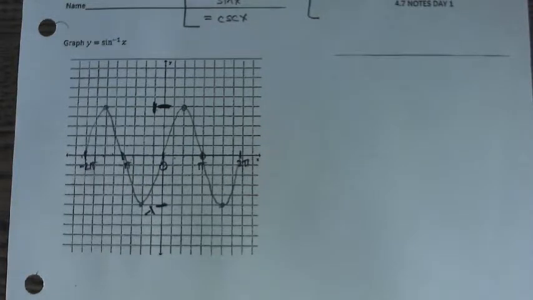When we go to write and think about the inverse function of sine, we're only going to pick a certain stretch of the graph that passes the horizontal line test. Namely, we're going to pick this section right here, which is between what x values?